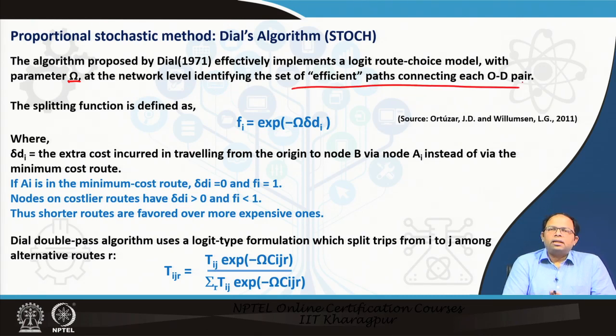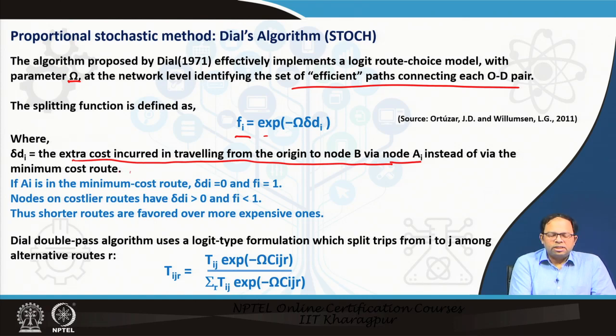So that means when there are different route choices, a logit type of formulation, e to the power of a particular amount of cost, is used, because that is a sort of impedance used to divide the number of trips between the different routes. So the splitting function is defined as Fi equal to exponential to the power minus omega delta di, where delta di is the extra cost incurred in traveling from origin to node B via node Ai, the same concept that we just discussed, instead of via the minimum cost route.